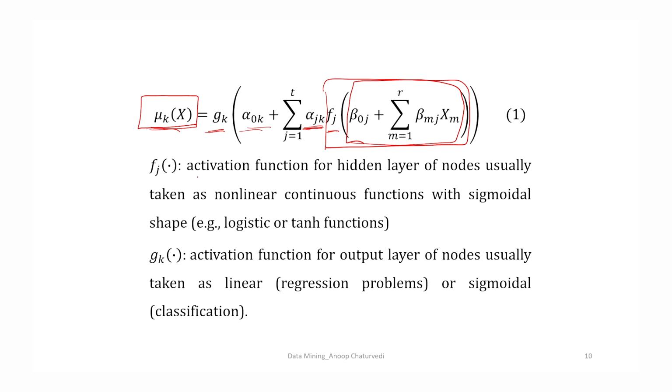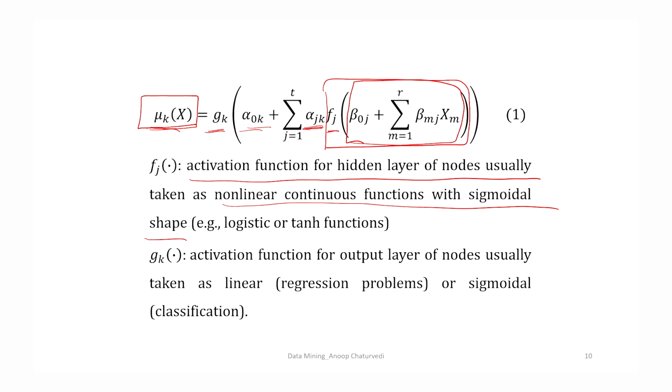So, f j is the activation function for the hidden layer of nodes, and it is usually taken as nonlinear continuous functions with sigmoidal shape, that is logistic or tan hyperbolic function. Actually, both logistic function or tan hyperbolic function have sigmoidal shape.